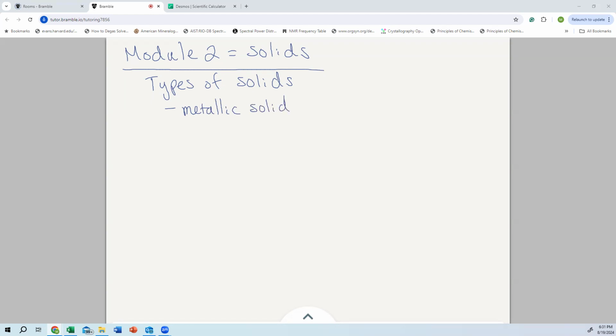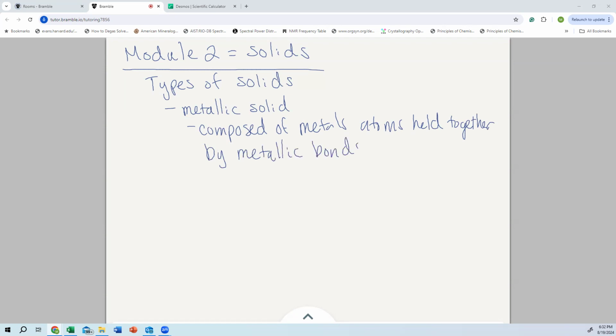And this is where we have metal. This is our bonded metal atoms. So these are metal atoms held together by metallic bonds. And we use what's called the electron sea model to describe this.